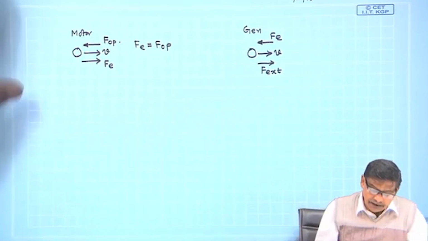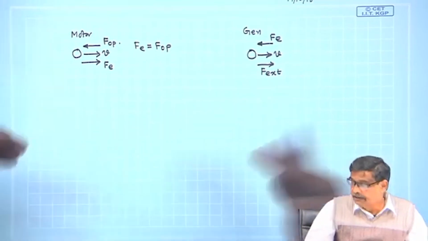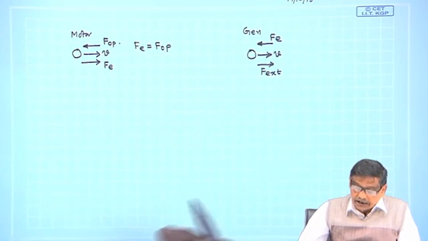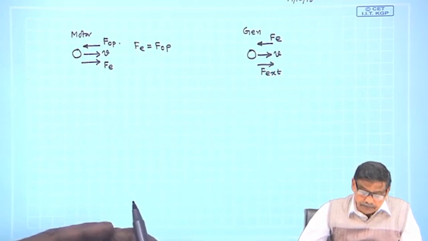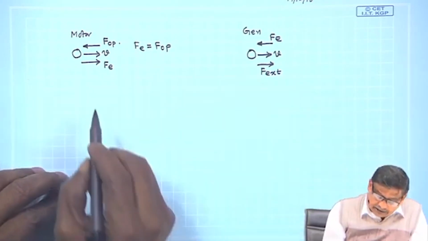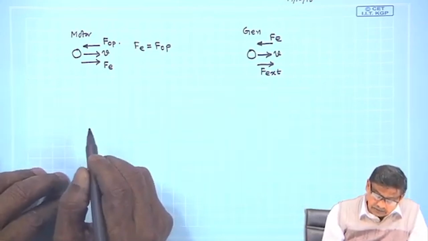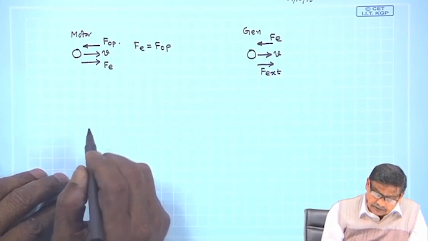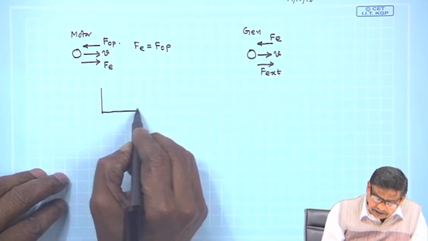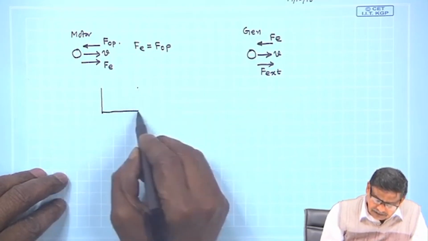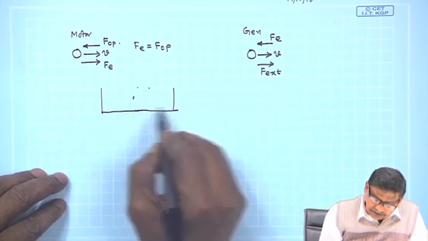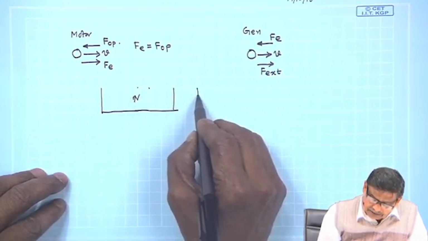Just one point I would like to tell, because the next course of action in understanding rotating machines will be to go from linear to rotational. Before that, I would also like to think in this way. For example, you have a field pattern, with north here and south there.